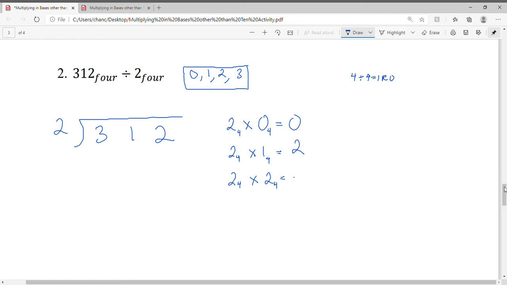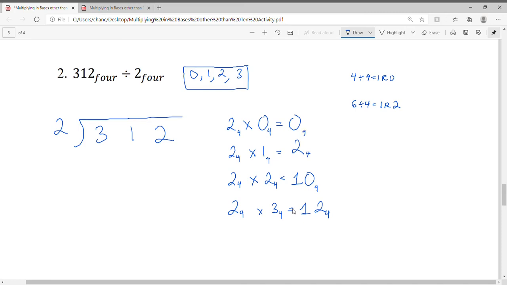So this is equivalent to 1, 0 in base 4. Then we'll do 2 base 4 times 3 base 4. This is equivalent to 6, but 6 does not exist. If I divide that by 4, I get 1 remainder 2. So this is equivalent to 1, 2, base 4. Remember, all of these are in base 4.